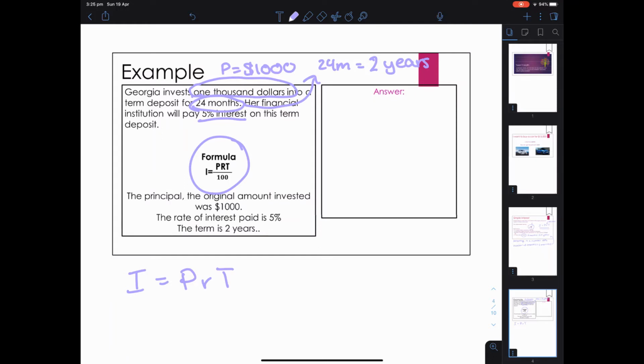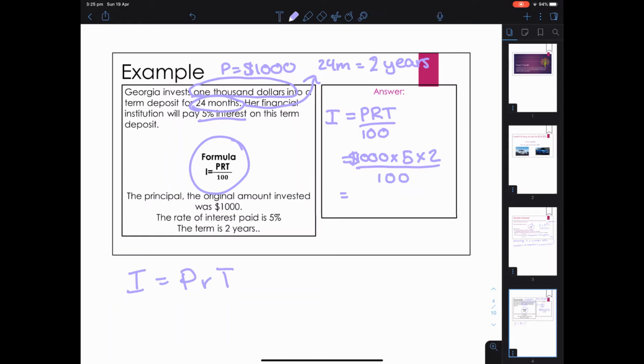So what we're going to do is put those into our rule to work out what our interest is going to be. So our interest is going to be PRT over 100. Always restate the rule just to clarify what you're doing. Then we're going to do our $1,000 times our rate of 5% times our time of 2 years. And we've got to remember, because we're using this as a whole number, we're going to divide by 100.